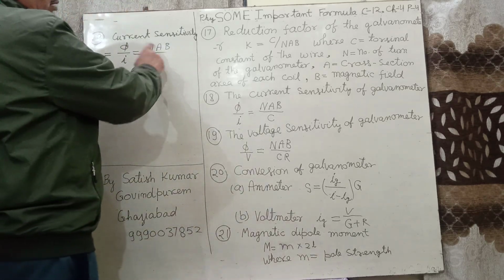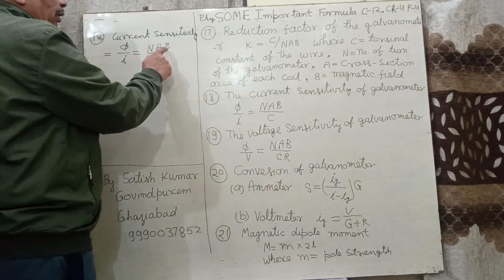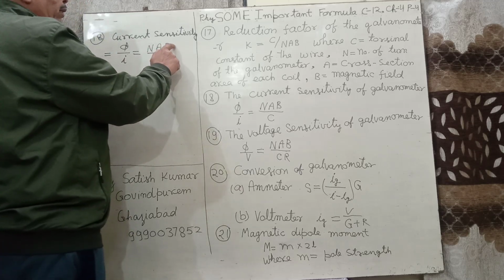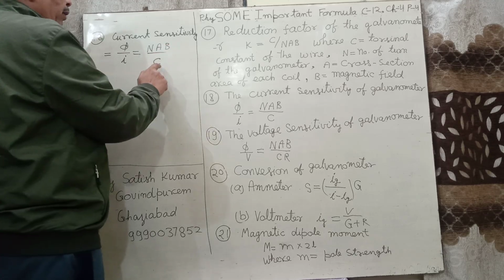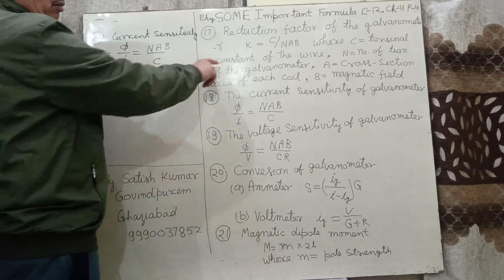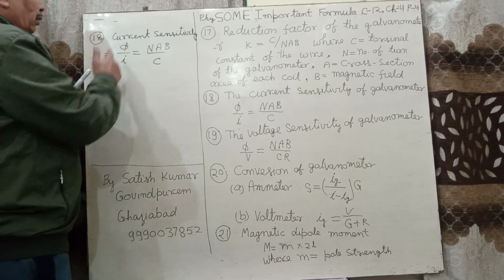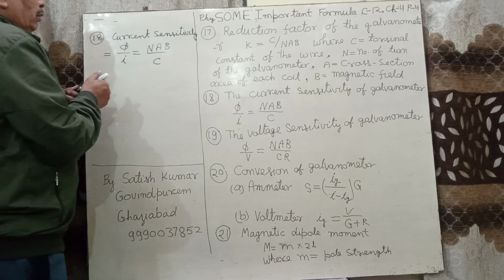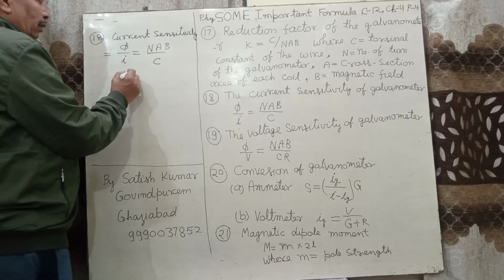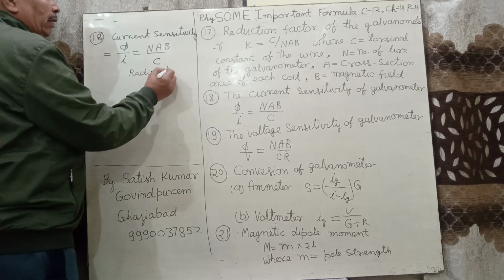N is the number of turns in the galvanometer, A is the cross section area, B is the magnetic field, and C is the torsion constant of the wire. Its unit is radian per ampere.